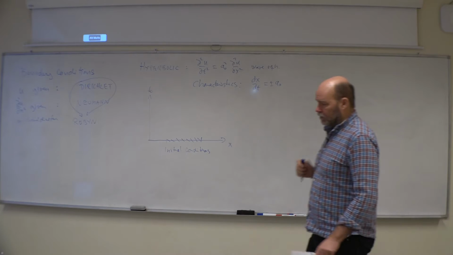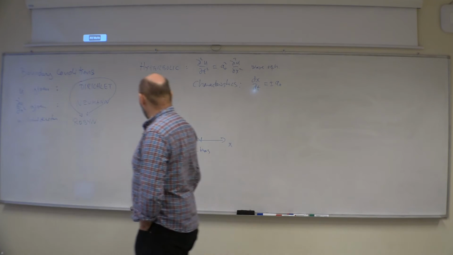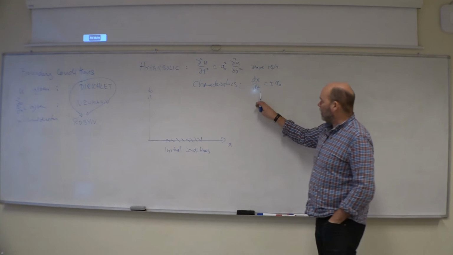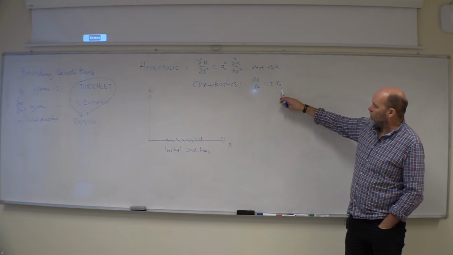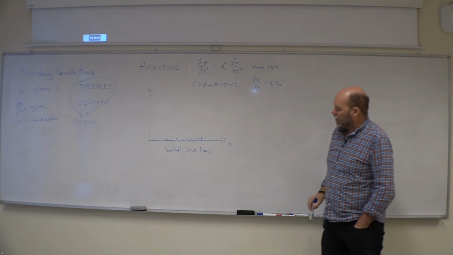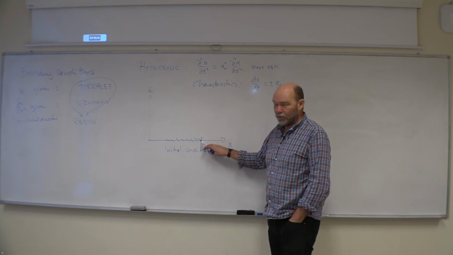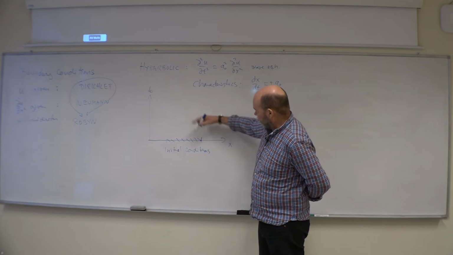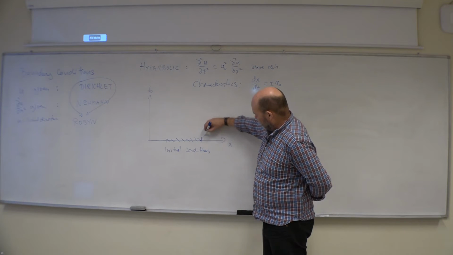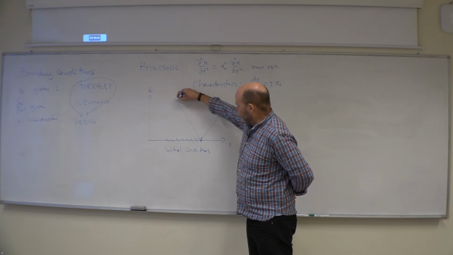Now what happens physically here? The information is going to travel along these characteristics. And if it's a linear equation, a0 is constant, meaning a signal here from this point is going to spread out in space. And in this diagram, it's going to move in a straight line like this.